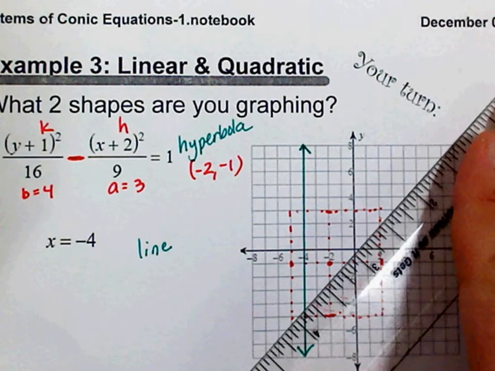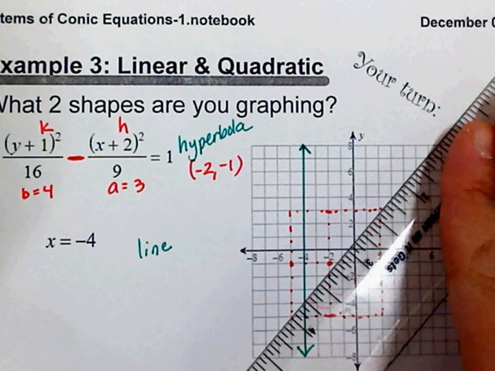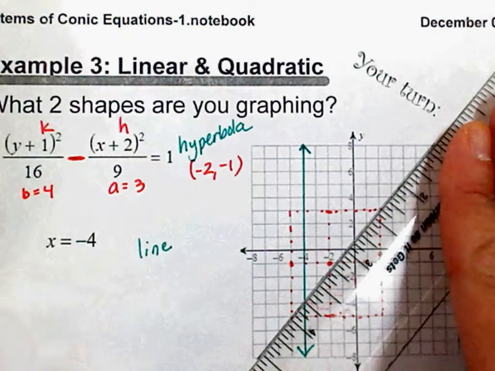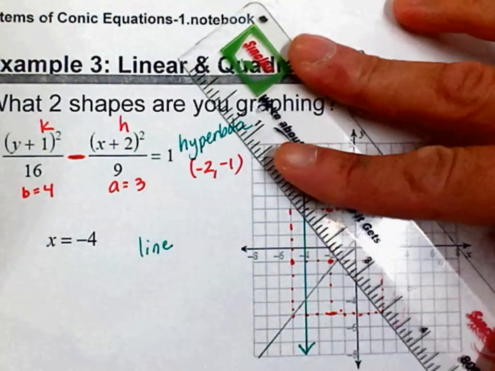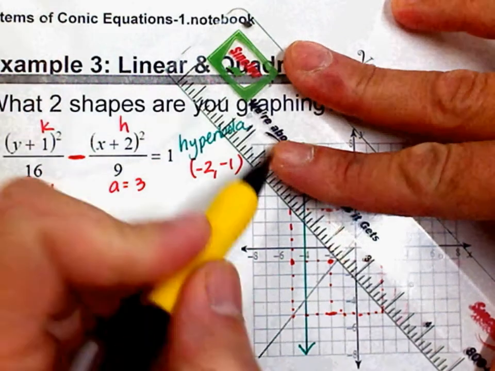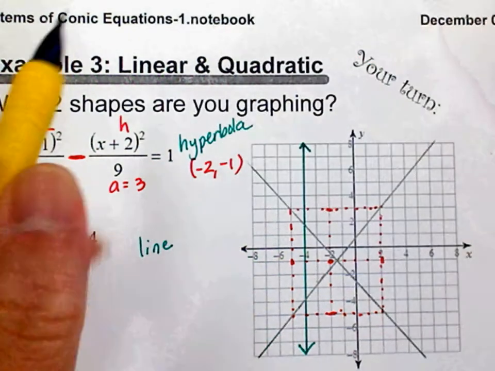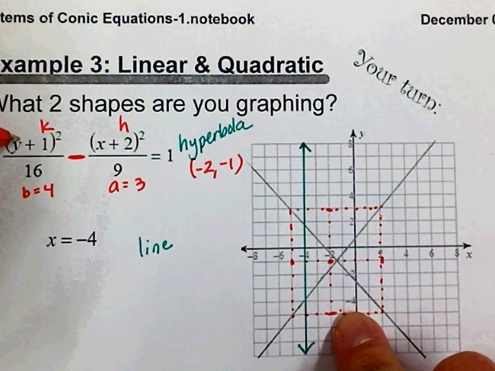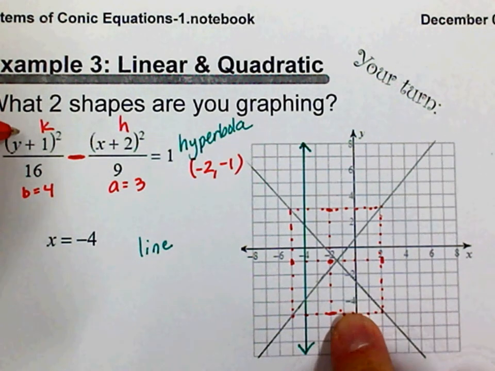Remember, corner to corner. Use your straight edge. Make it look nice. I'm going to do it in pencil. Okay? All right. You need to draw your asymptote and all that, so it kind of helps you. Notice how your y comes first, and since your y comes first, you're going to graph up and down.